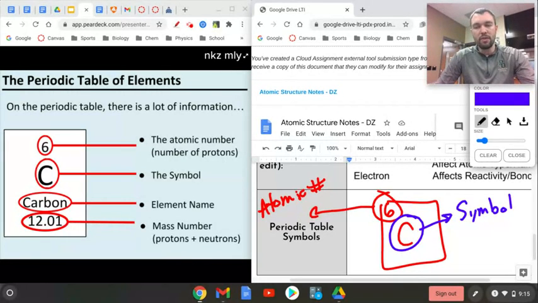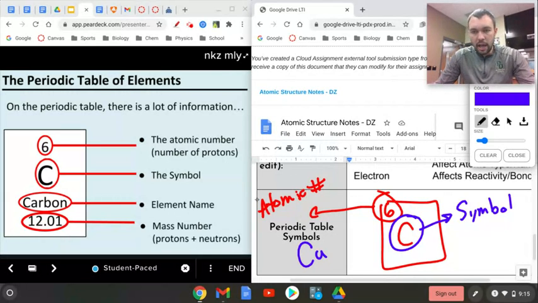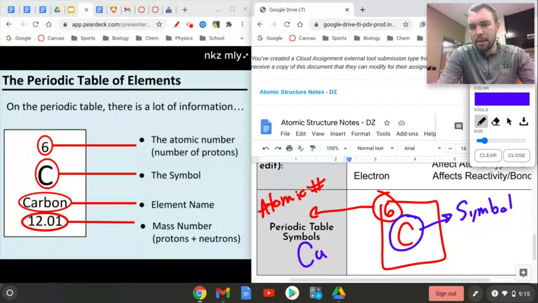So some might have 2 letters, like copper is Cu, but that u has to be lowercase. If you have 2 capital letters, you have 2 different types of atoms. All right, and we'll have the element name. Sometimes, depending on the periodic table, some of them will write them out here. Some of them won't. And then underneath, we'll call the mass number.